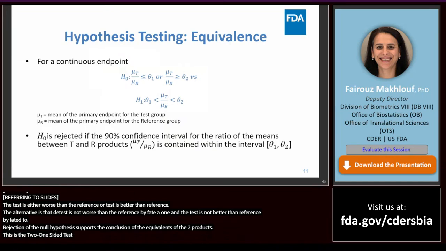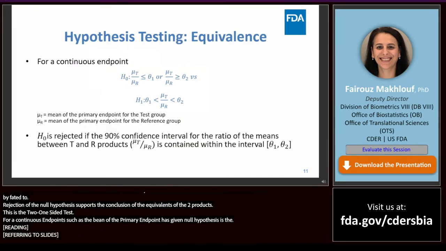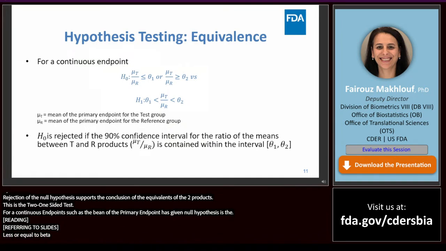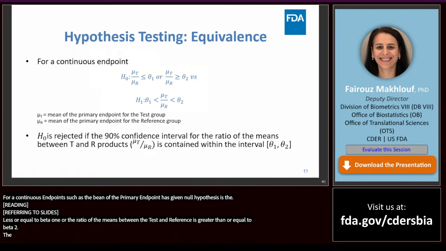For a continuous endpoint such as the mean of the primary endpoint, the null hypothesis states that the ratio of the means between the test and reference product is less than or equal to theta 1, or the ratio of the means between the test and the reference is greater than or equal to theta 2. The alternative hypothesis states that the ratio of the means between the test and the reference is between theta 1 and theta 2.